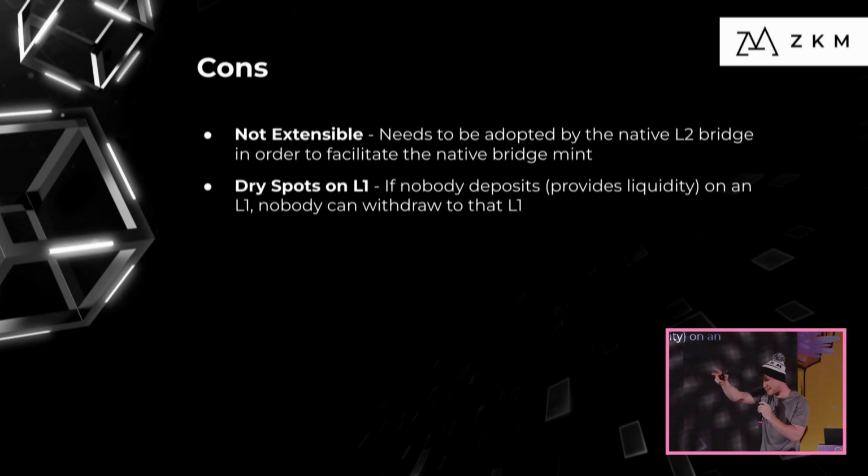In addition, take that example that I mentioned with Avalanche, where let's say nobody deposits on Avalanche, so everyone deposits on Ethereum. And let's say I bridge to the Avalanche-based L2 that's connected. In this case, I can't withdraw to Avalanche because there's no liquidity on there.